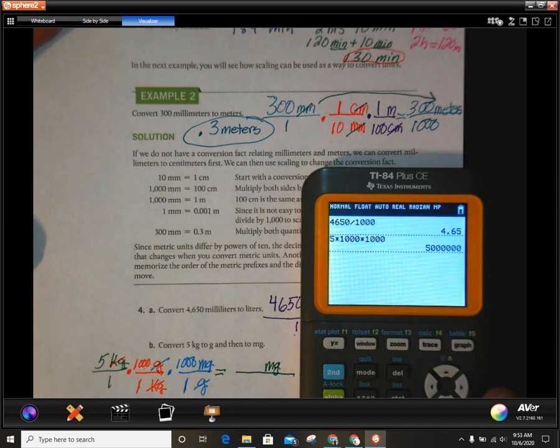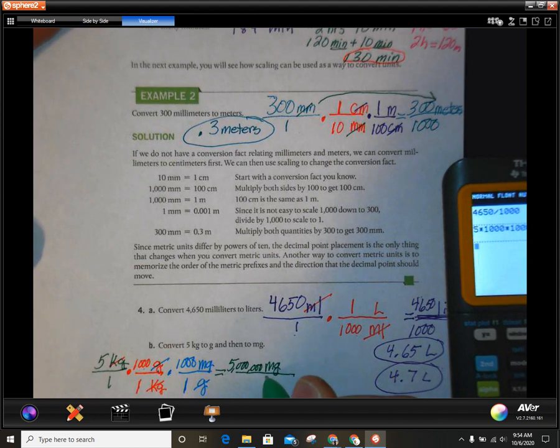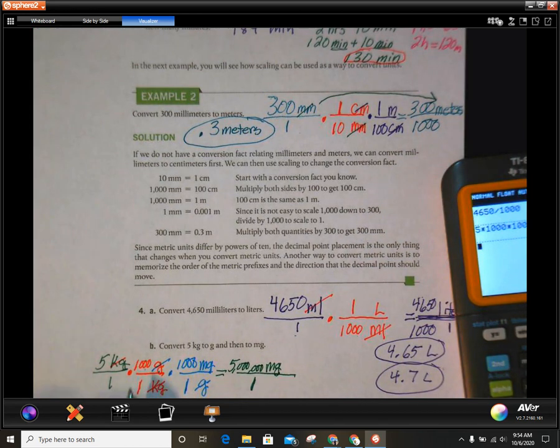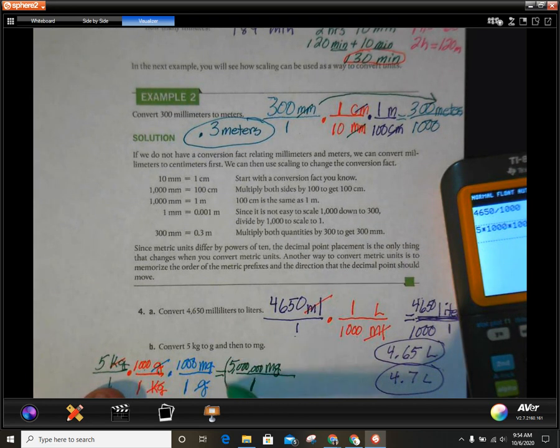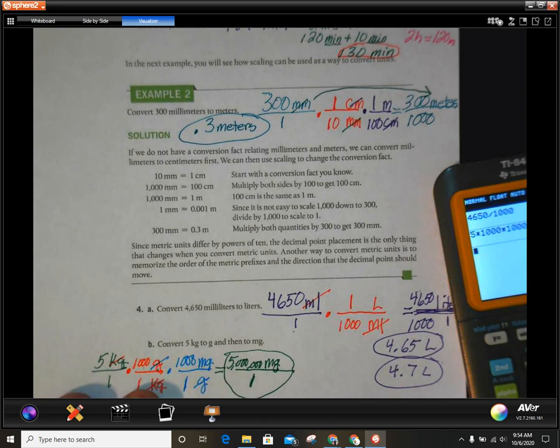And I get 5 million. 5 million milligrams to a kilogram. Numbers are already simplified, so that's my answer. You don't have to put it over 1, but I think it's easier to understand.